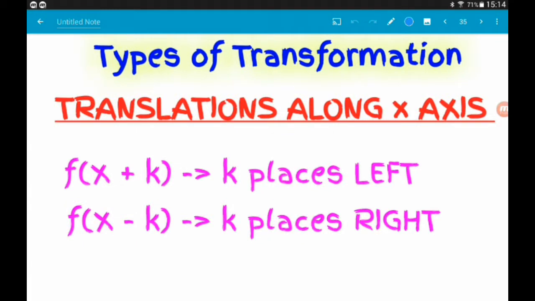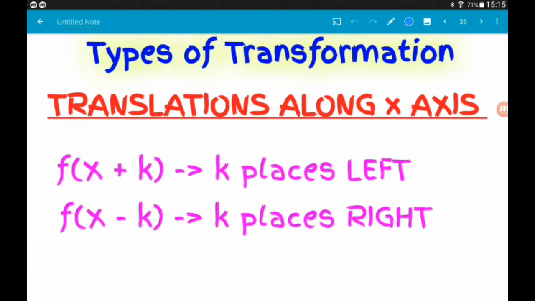Then we've got translations along the x-axis. So whenever x is involved in transformations, it's usually quite counterintuitive. This happens when our number k is inside the bracket with the x. So it's actually part of the function, it's not just being added on to the function. So f of x plus k translates our graph left.